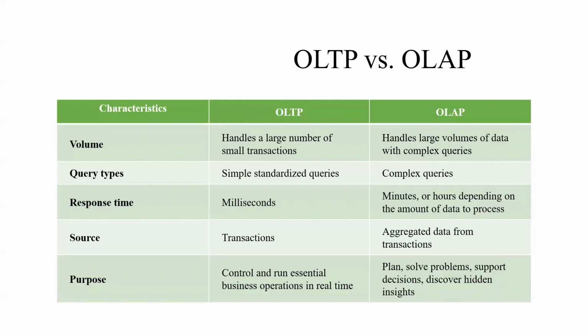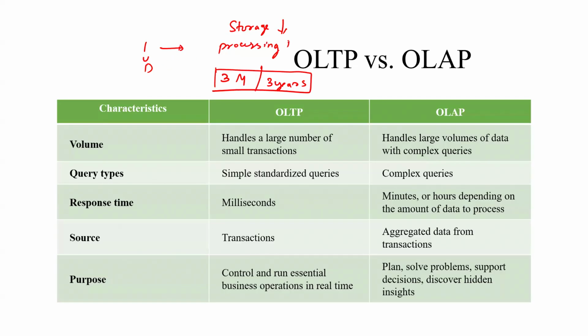Since we keep data for, for example, 3 months, whereas in OLAP it might be 3 years, depending on the company, I have less data here, so storage will be less. Storage decreases, but since I have continuous insert, update, delete of data, transactions are more, so my processing power should be good, because I need to add that data.